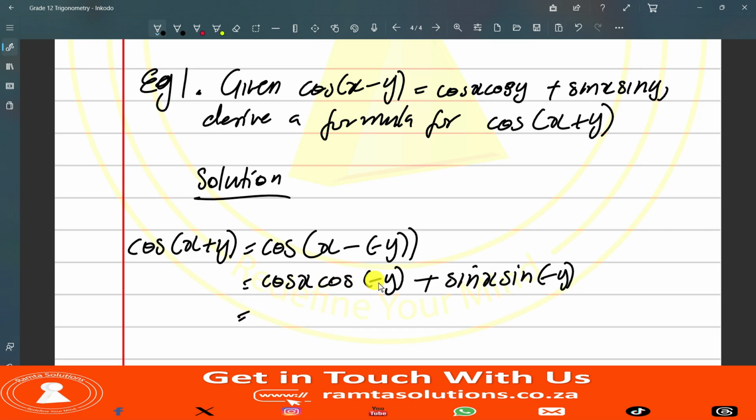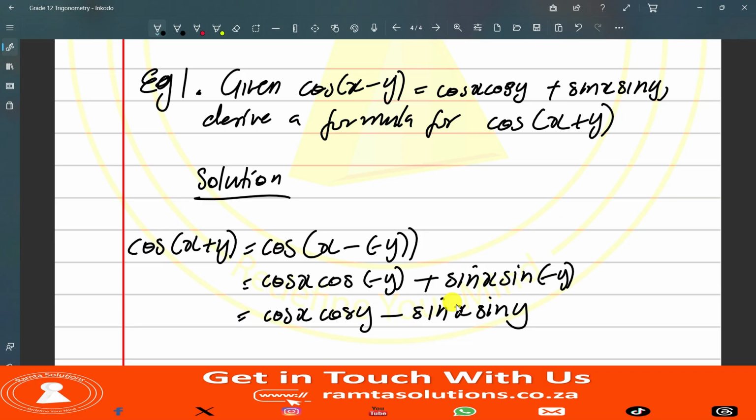Now, negative angle of a cosine is always positive, so this becomes cos x cos y. Negative angle of sine is negative, then this becomes negative sine x sine y.